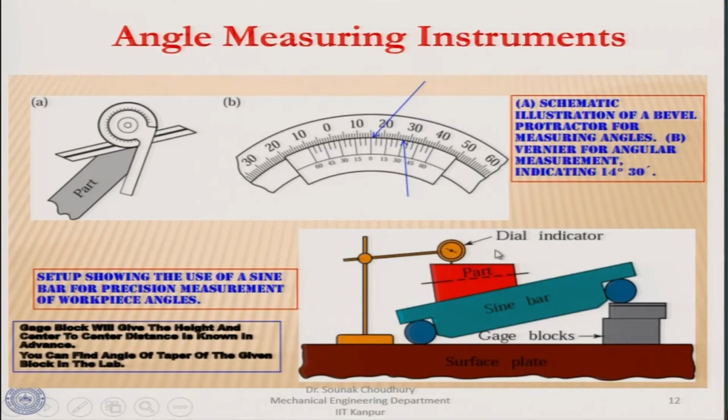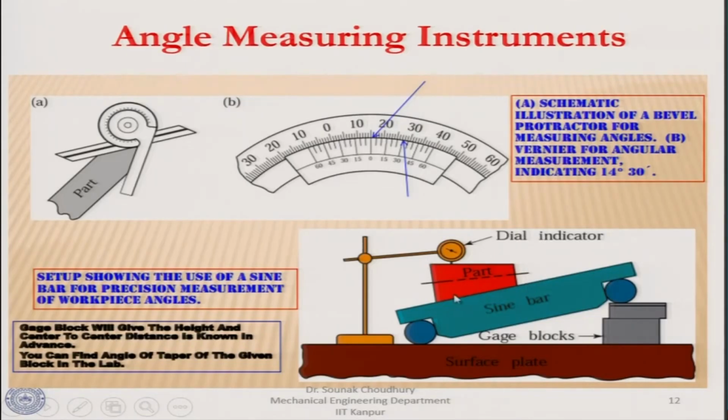Now, here is a setup that shows the use of a sine bar. This is the sine bar, in green, shown here for the precision measurement of workpiece angles. Let us say this is the part and we want to find the taper angle; that can be found out with this sine bar. Let us say this is a flat and this is tapered, or both are tapered.